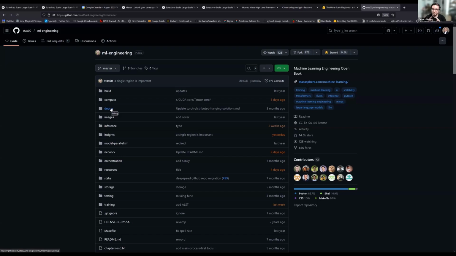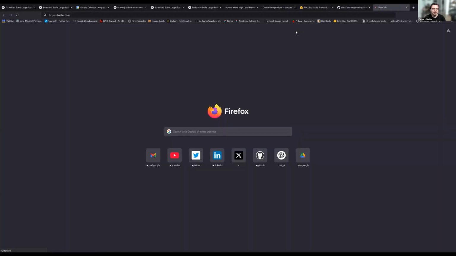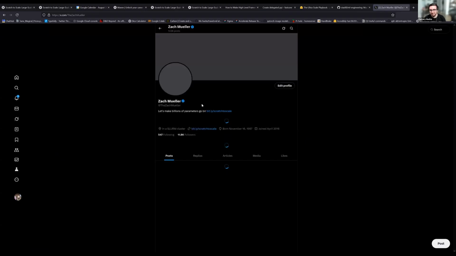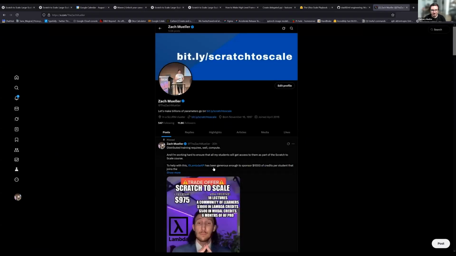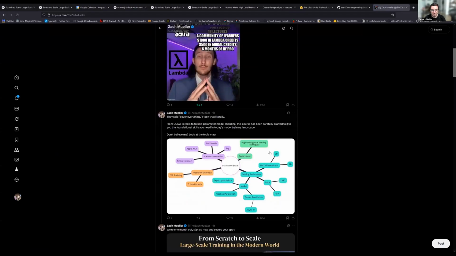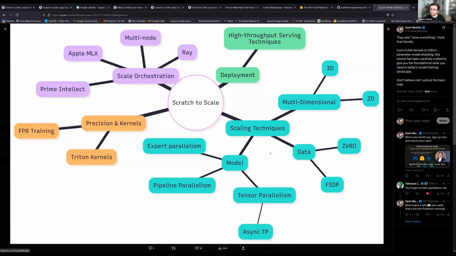I will say when it comes to these big resources, be it the UltraScale playbook, the ML engineering book, and especially what's going to be my course, because if you saw recently, I made a little tweet where I chart mapped everything that happens with the course, and it's a chunk.